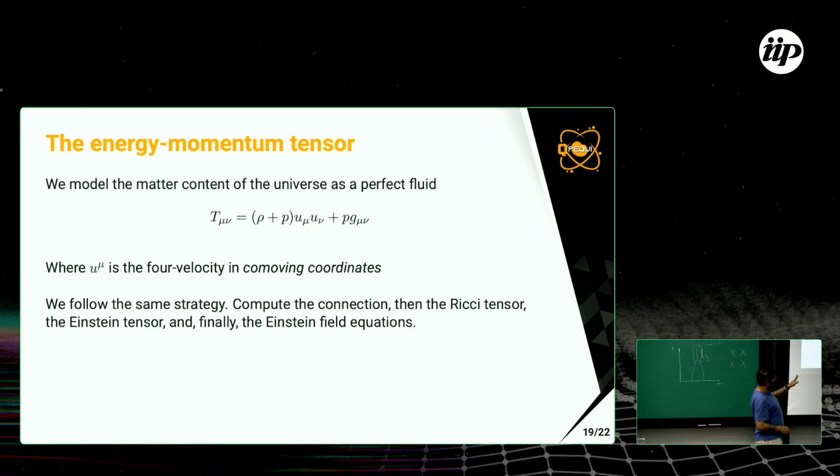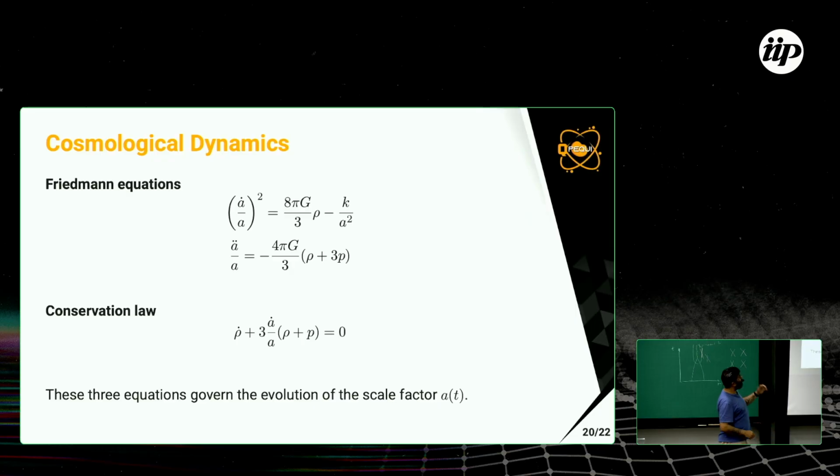Once you do this, you get what we call the Friedmann equations. These are the Friedmann equations, and this is the local conservation law of energy density. Once you put the value of k here, you have the three possibilities of the universe: it will expand forever, the one that is flat, and the one that is closed.